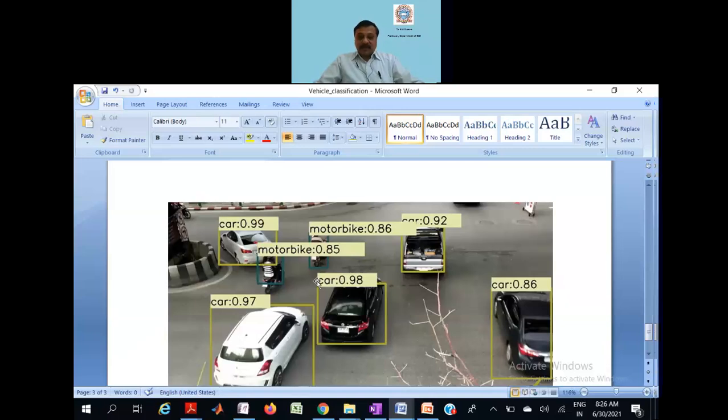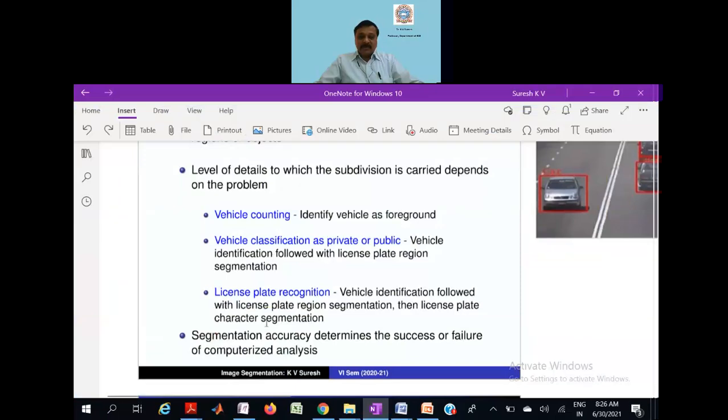So depending on the type of data set that is given to you, depending on the expectation from the user, you should divide your problem into various categories. That is why they say the level of detail to which the subdivision is carried depends on the problem. In just finding a vehicle, you have to just locate that there is a vehicle moving, then count it.